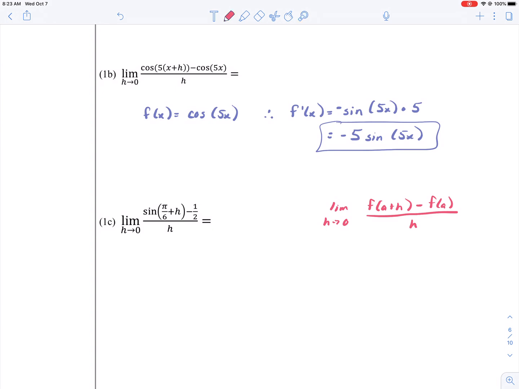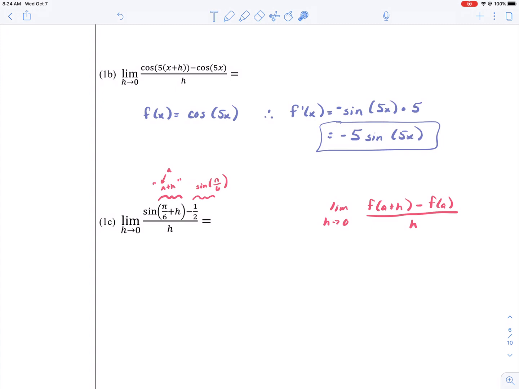So in this case, that represents the x plus h part, right? Or in this case, a plus h, where I had a specific number, right? So if that's the case, then this should be sine of quote unquote x, but a in this case, which is sine of pi over 6.